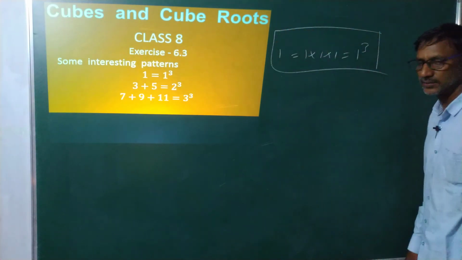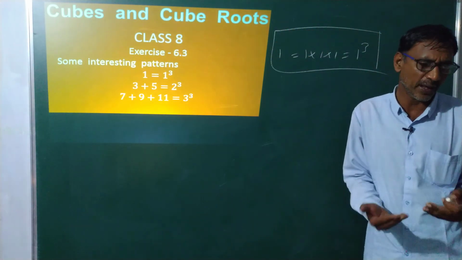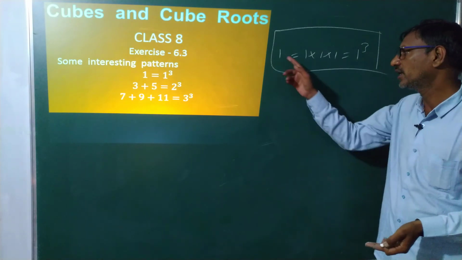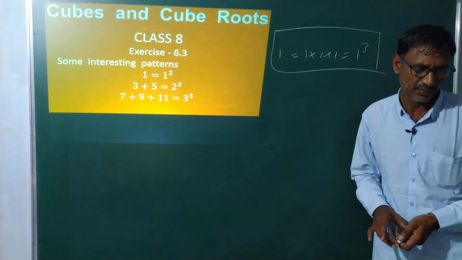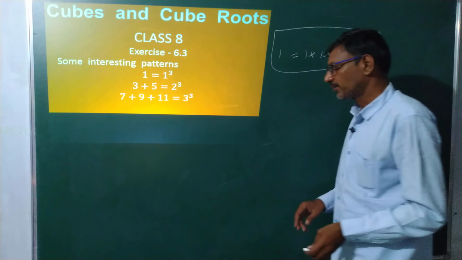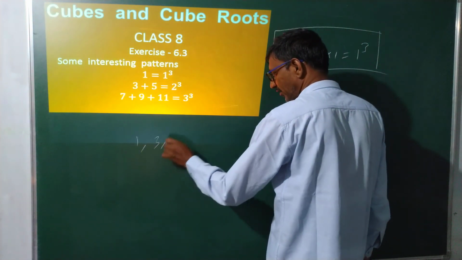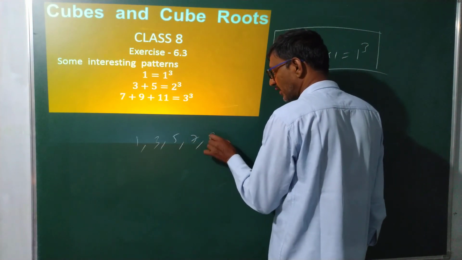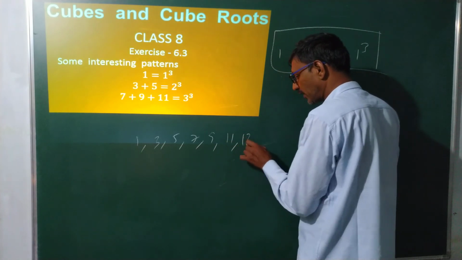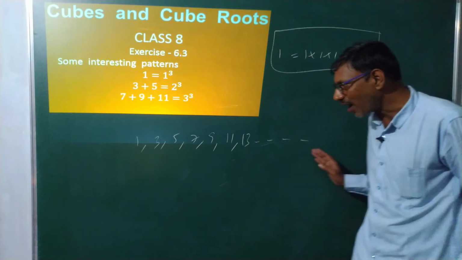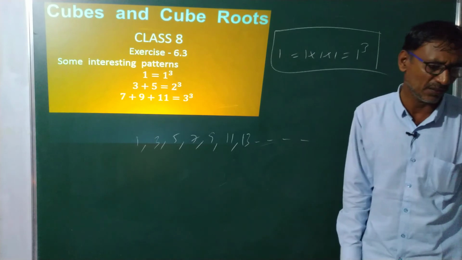Everybody knows, you can take 1 four times, ten times or twenty times, even then we get 1. Now coming to 1, 3, 5, 7, 9, 11, 13 and so on. These are all odd natural numbers.